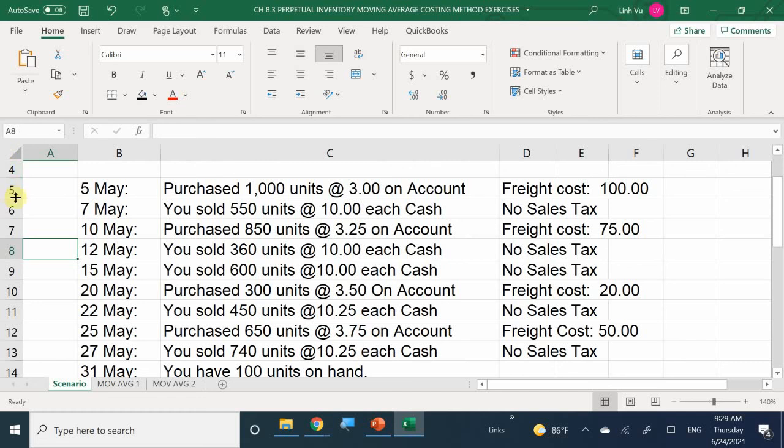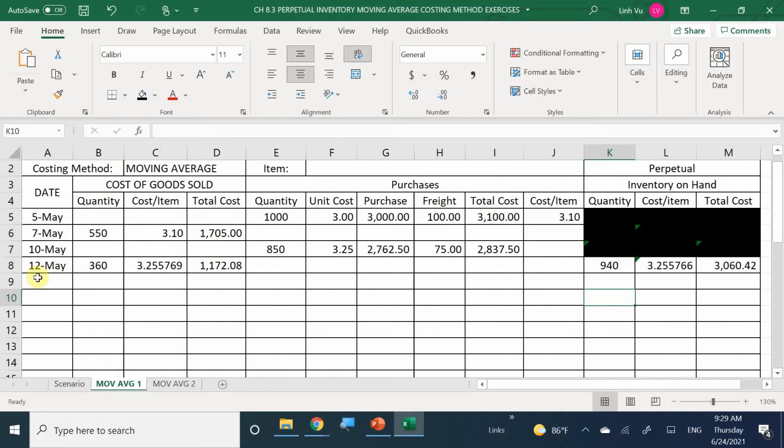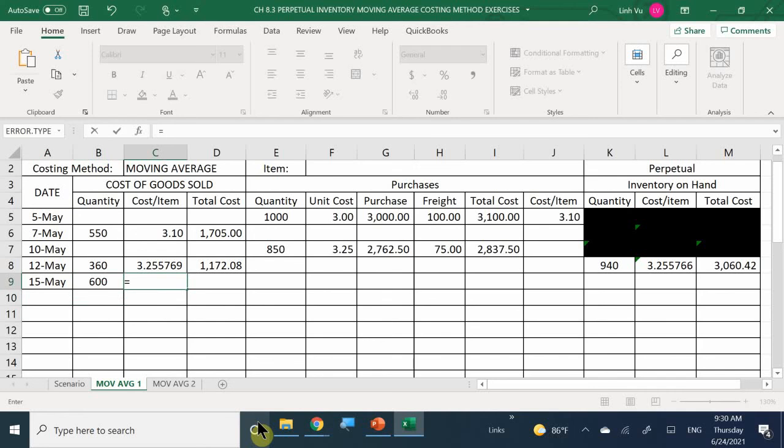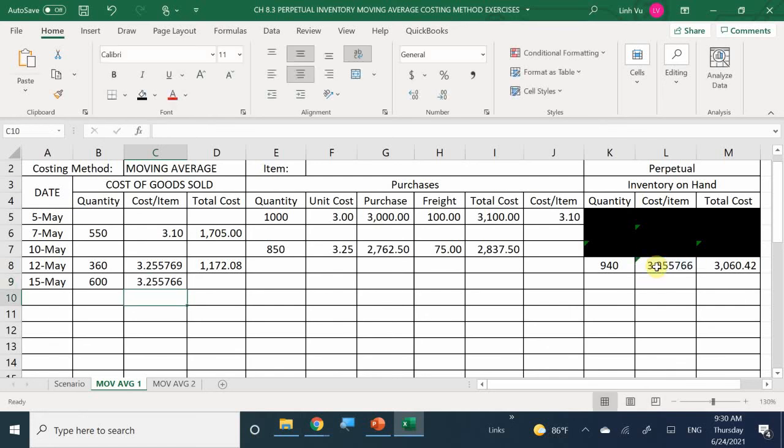What happened on May 15? You sold an additional 600 units. Good. So May 15, we sold an additional 600 units. What is my average cost per item? 3.255766. Okay.